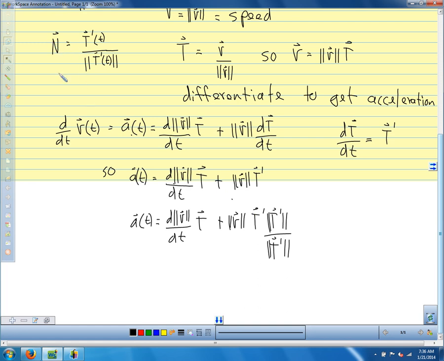So I can write that, finally, that our acceleration is the rate of change of the speed times our unit tangent vector plus the magnitude of our velocity times the magnitude of T prime.